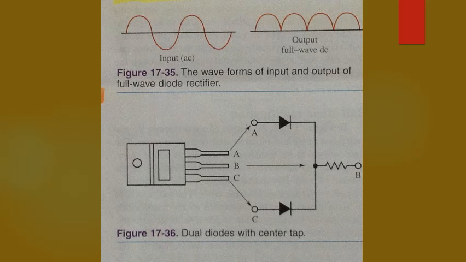Figure 17-35 shows this. To produce this full wave rectification in this circuit, secondary voltage was cut in half by the center tap.